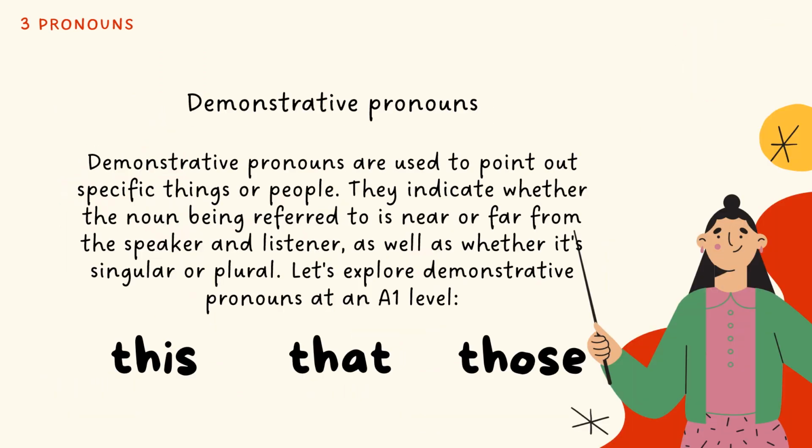Demonstrative pronouns are used to point out specific things or people. They indicate whether the noun being referred to is near or far from the speaker and listener, as well as whether it's singular or plural. Let's explore demonstrative pronouns at an A1 level.